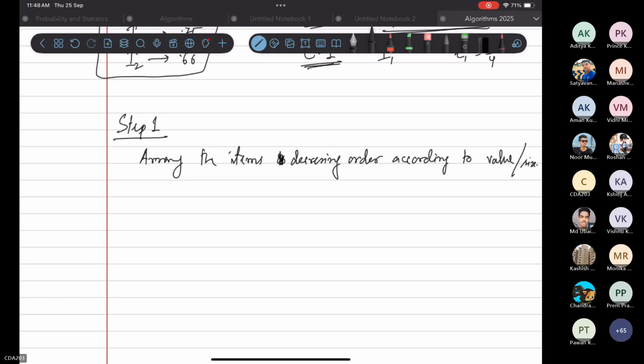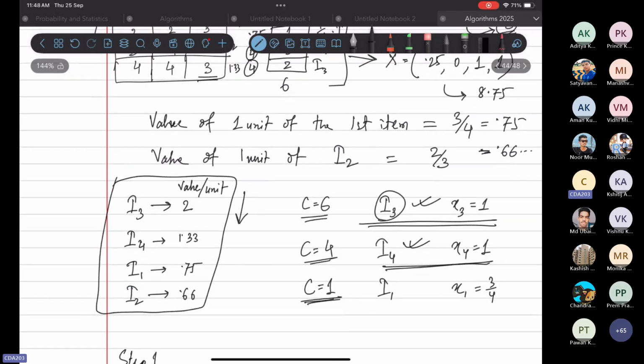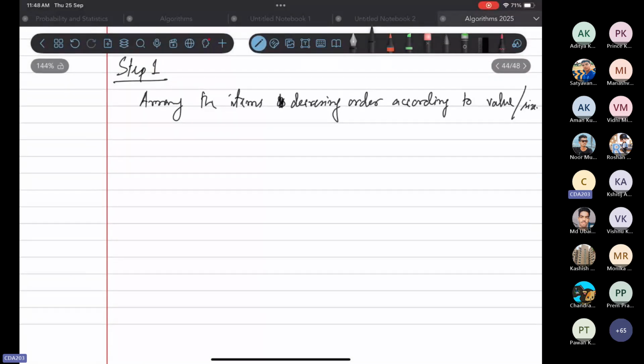So I'm arranging them in decreasing order. I'll put the highest value item, the most precious item, first, then the second most precious item. Let's say these are the ordering. So sigma is the ordering of the items, I1, I2, up to IN. This is not the input ordering. After arranging the items in this way, suppose this is the ordering that I have.